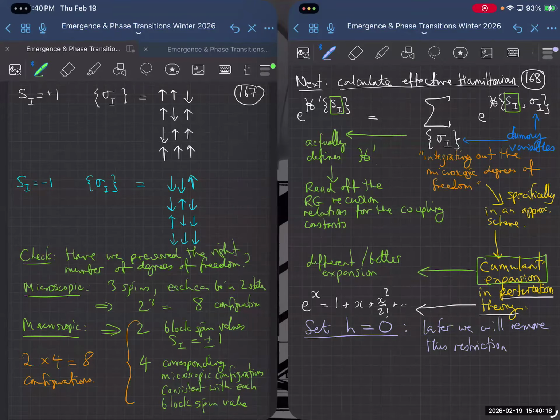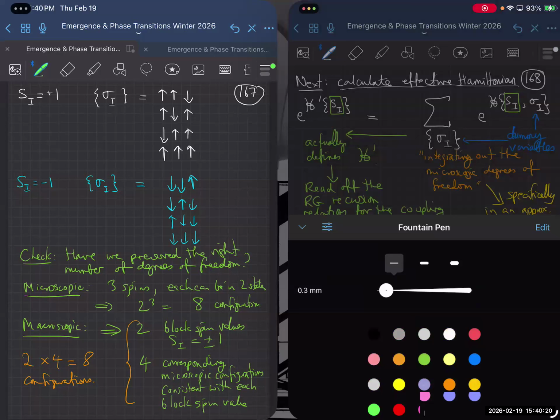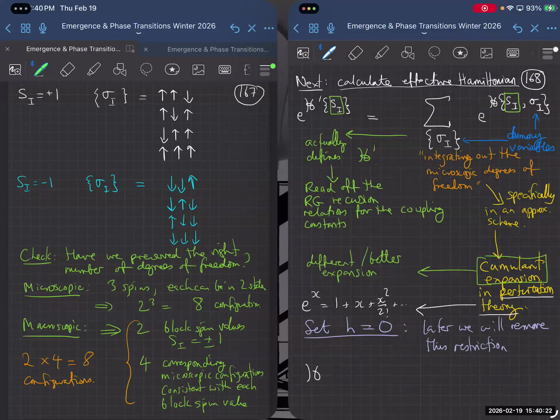Okay, so what is the basic idea here? The basic idea is I'm going to write the Hamiltonian in this way. First of all, there's going to be interactions within a block, and then there's going to be interactions between blocks.